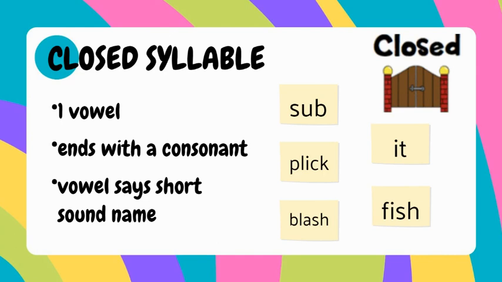So explicit instruction and letting our scholars know, wow, these are some different rules that if I learn these rules, then I will know how to pronounce certain words. And so again, our scholars wouldn't be confused and pronounce the word fish, for example, as two syllables. No, our scholars would know that it's one syllable because the vowel is going to say a short sound, and then sh, right?